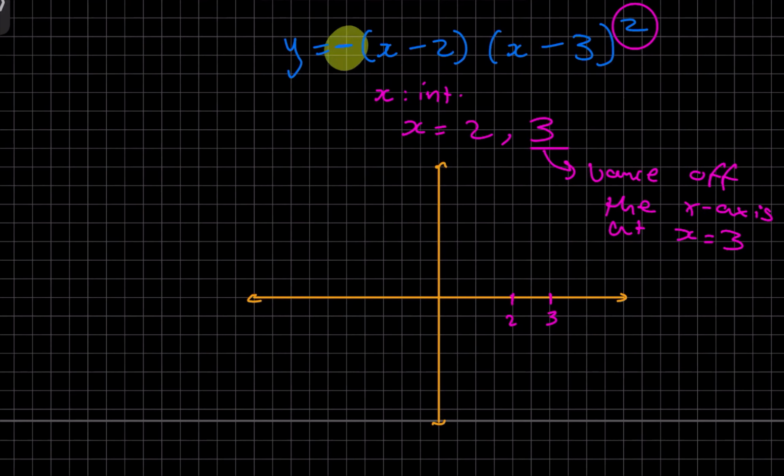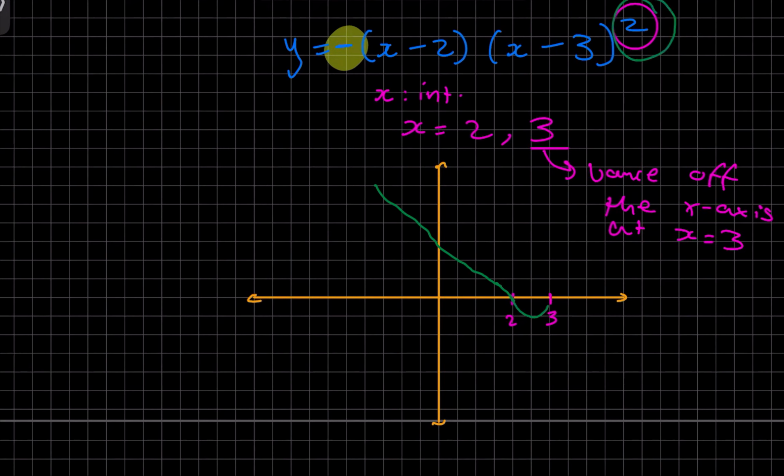The only thing that this changes is that our graph will not begin by sloping upwards, rather it will begin by sloping downwards. So your graph will slope downwards to your x-intercept of x equals 2 before passing through the x-axis at this point, curving and coming back up to your x-intercept at 3.